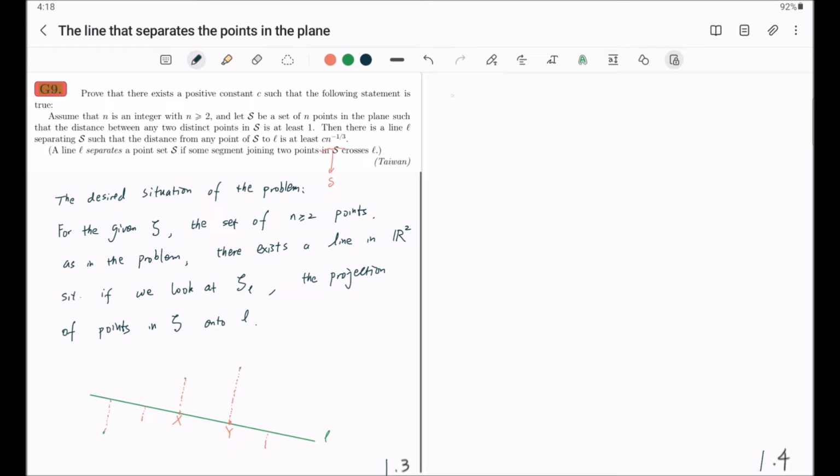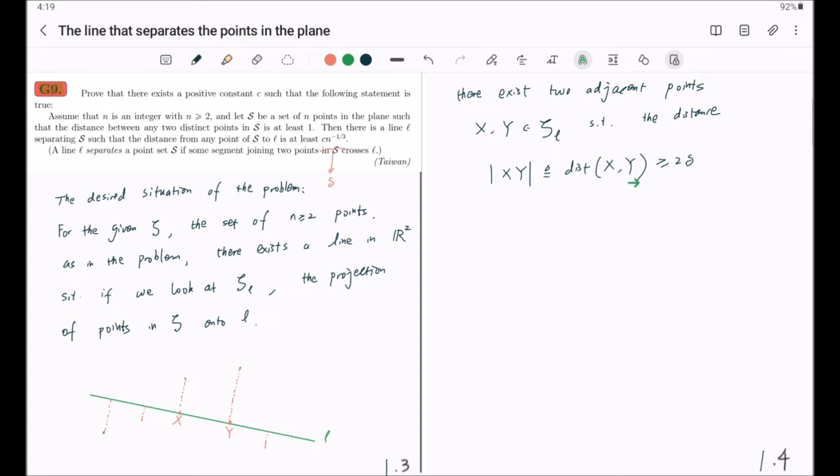If there exist two adjacent points X, Y in S_L, such that the distance, we use absolute value to denote the distance, between X and Y is greater or equal to 2 delta.